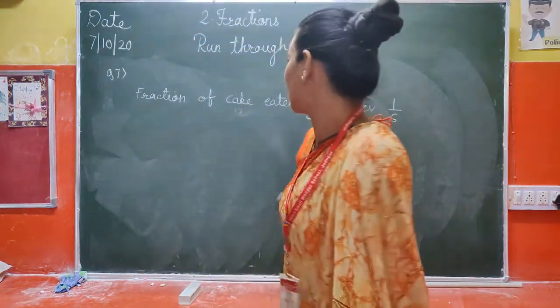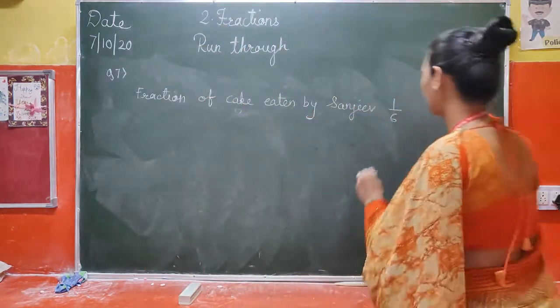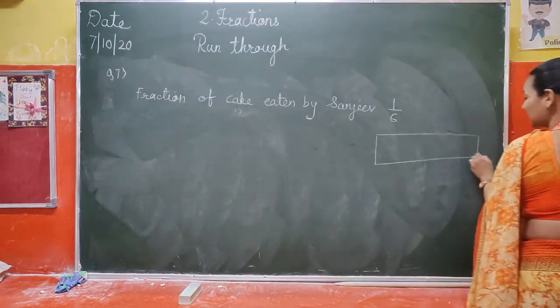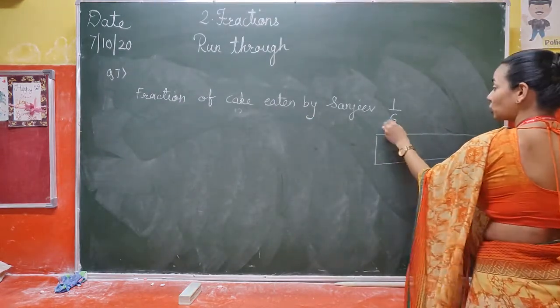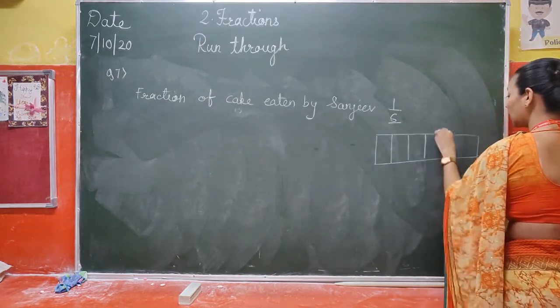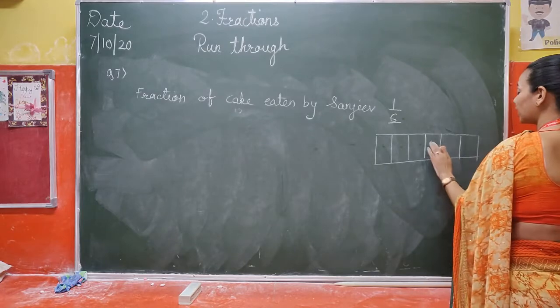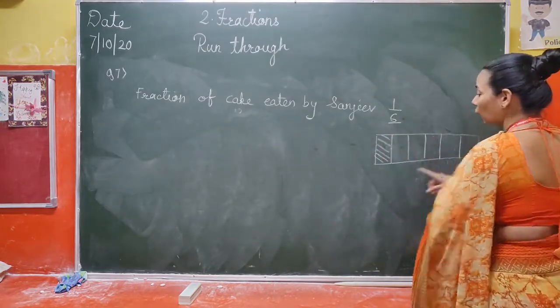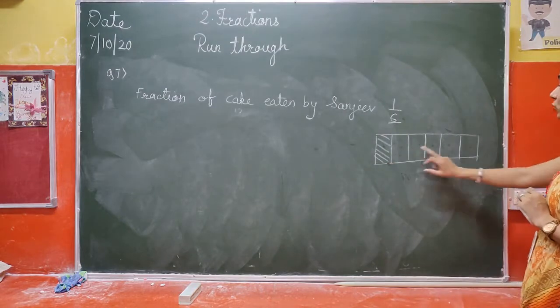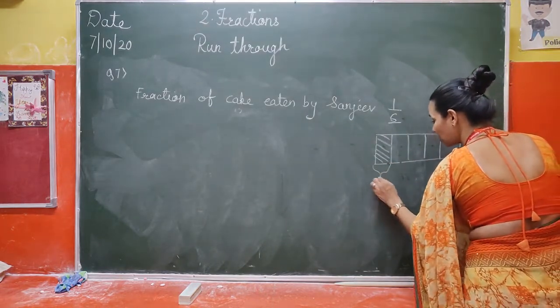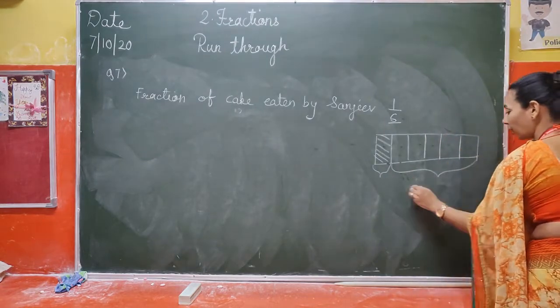See, if we draw a figure, this is the total cake and the total parts will be 6. That is 1, 2, 3, 4, 5, 6. Out of it he ate one part, right? That means what is remaining? 5/6. This is eaten by Sanjeev and this is the remaining part.